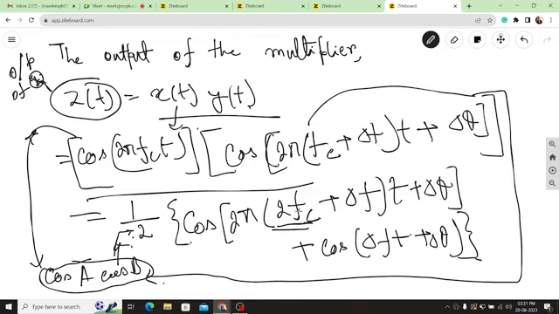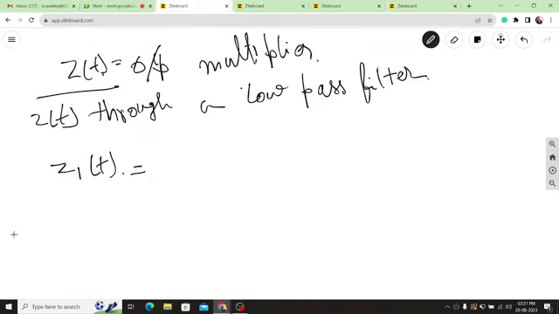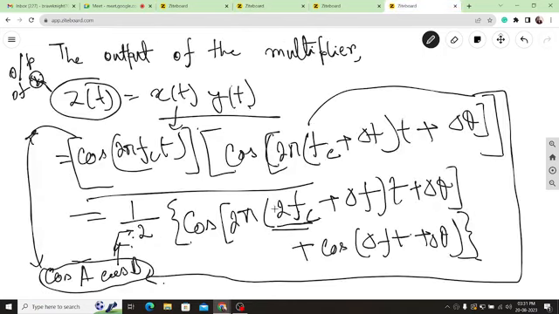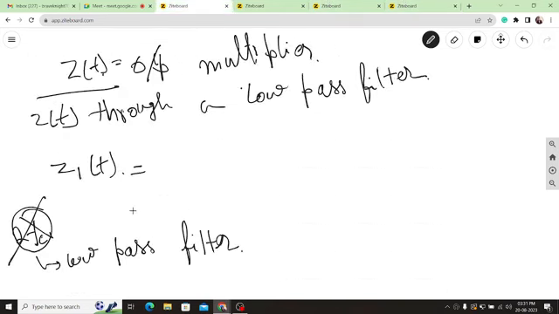So 2fc is a very high frequency, so this part will not pass through the low pass filter. Right? But this part has a frequency of del f, right? Another part is of del f, a small fluctuation, and it will go through the low pass filter.